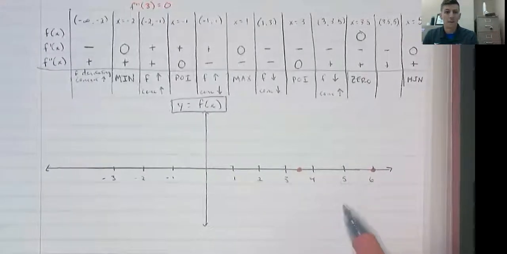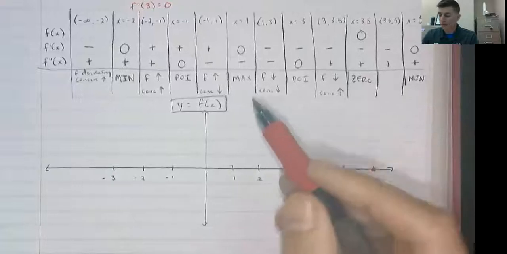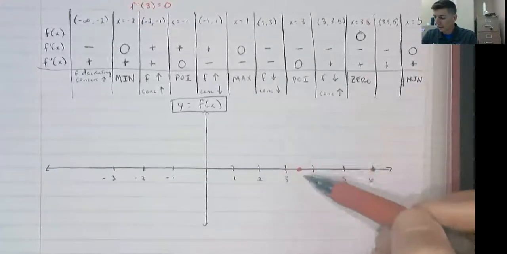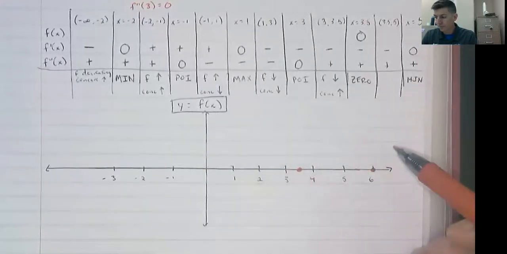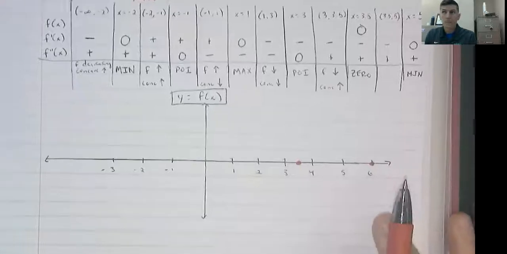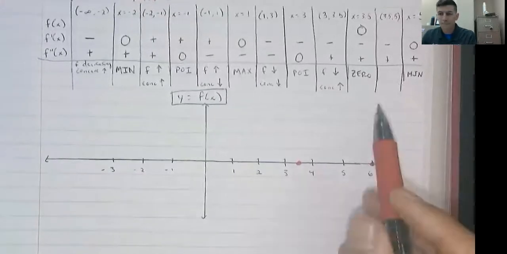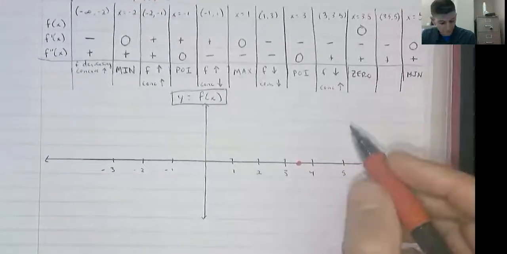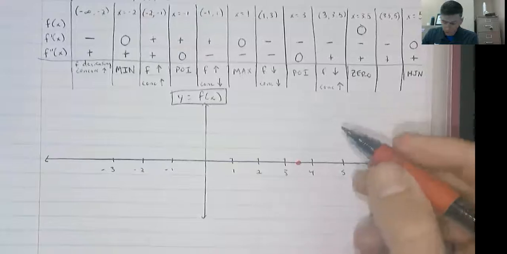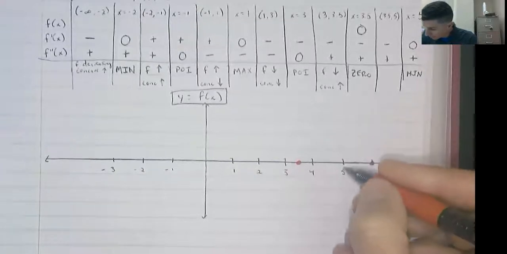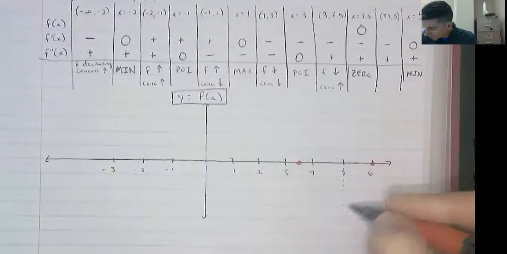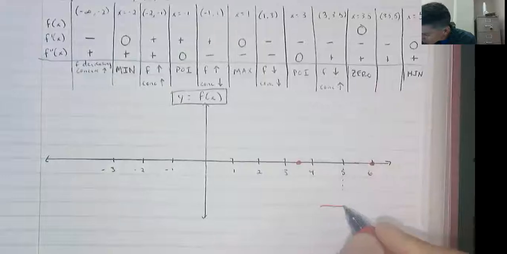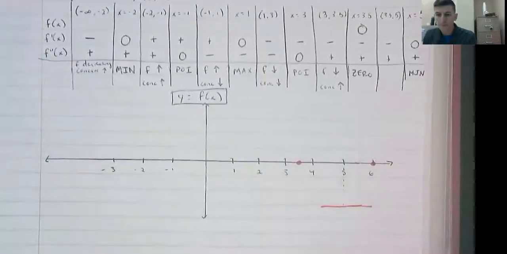Then there's a minimum there. So that's all evidence pointing to the fact that this curve is going to be like that. We also have a minimum at 5. So at 5, I'm going to do a little horizontal tangent.